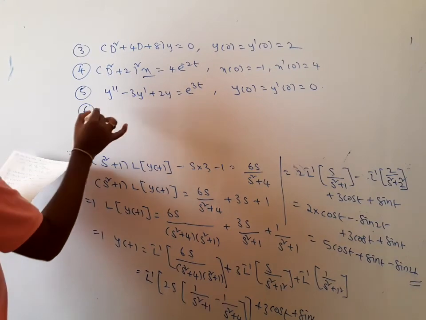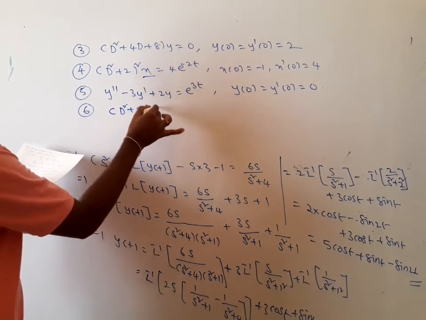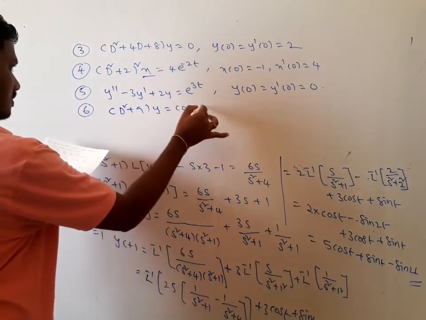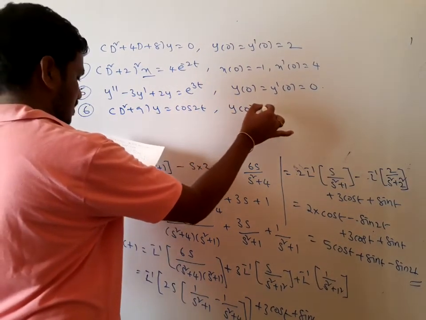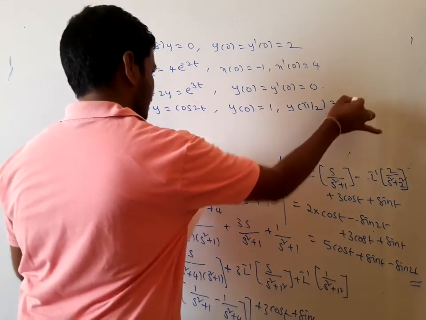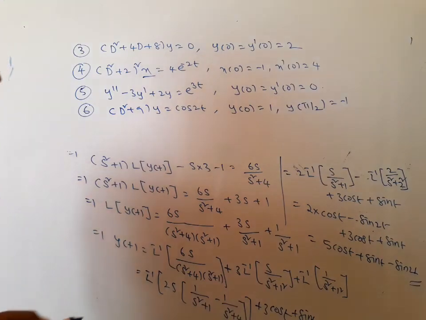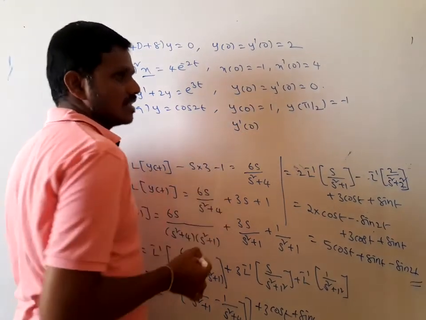Sixth one, (D square plus 9) y is equal to cos 2t, right? You try this problem, y of 1, here it is a boundary value problem, but we can solve it. Listen, in this problem we need y dash of 0, right? We need y dash of 0.